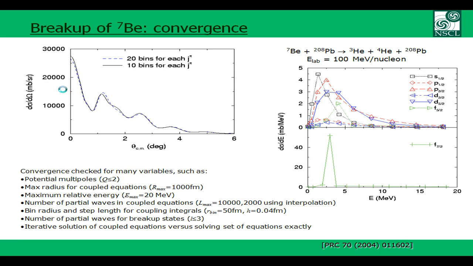But if you look at the F waves or even the D waves, you realize that you're not where it needs to be. You've truncated it too early and you need to extend. So by looking at the energy distribution, it gives you some clues as to whether the energy you've chosen as maximum energy for the bins is appropriate or not. Okay, so that's the maximum energy.